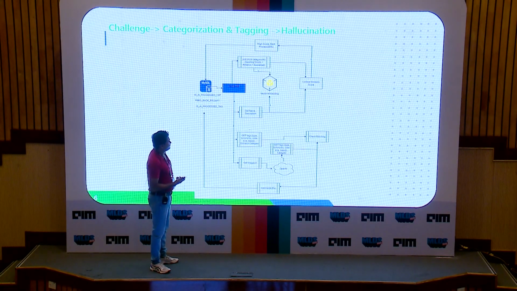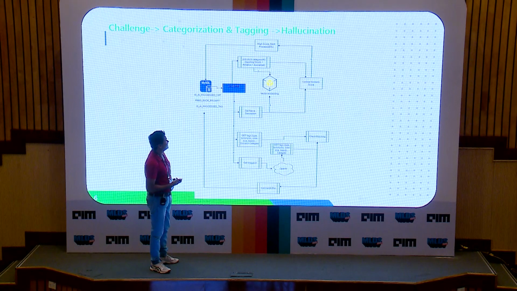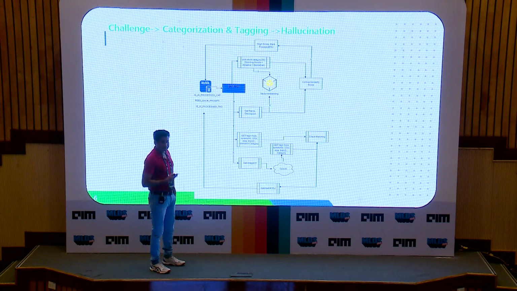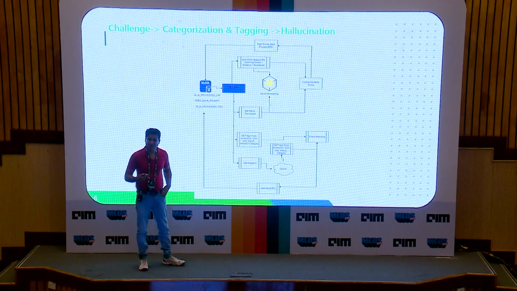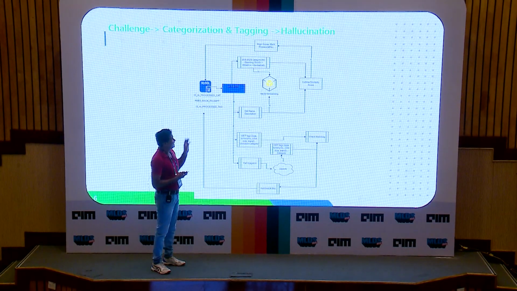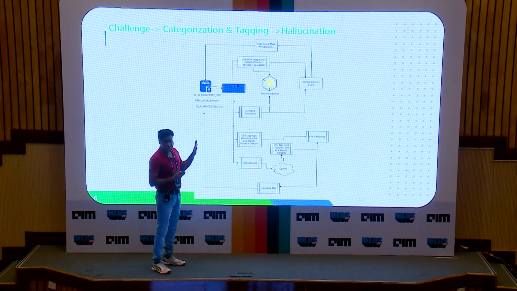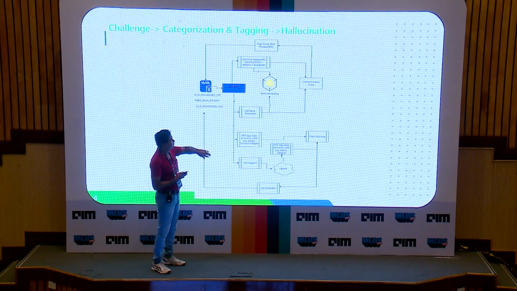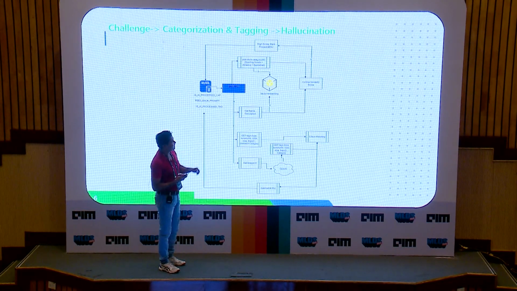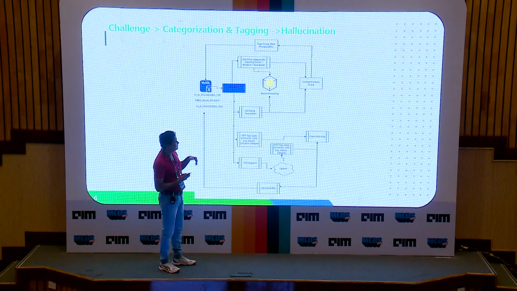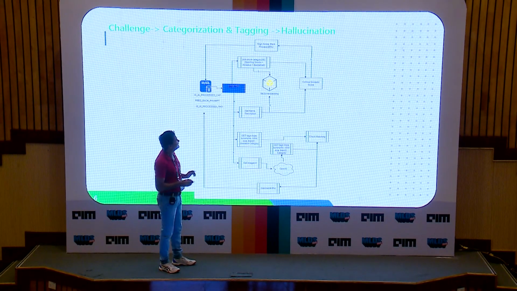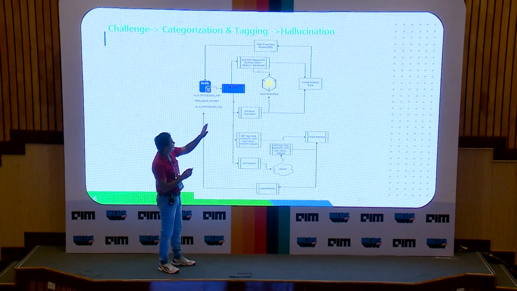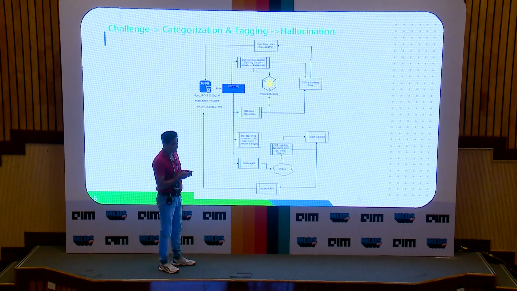So here, in order to fix a lot of things, we try to catch the hallucination. If the AI has generated lots of categories and tags, the only thing we want to check is whether it has been done correctly or not. So again, same loop. Whatever it has generated and what we have, we are using cosine similarity in memory, not with a database, and you will get almost 95% accurate.